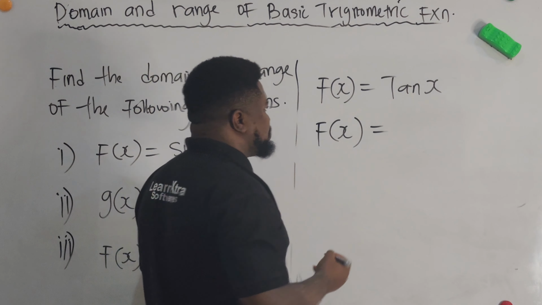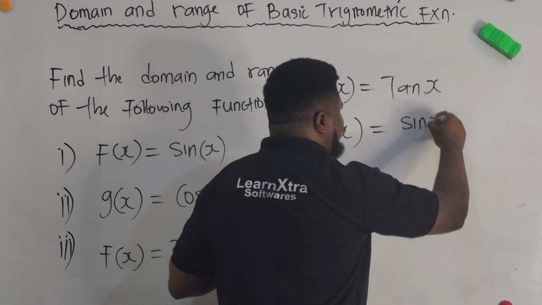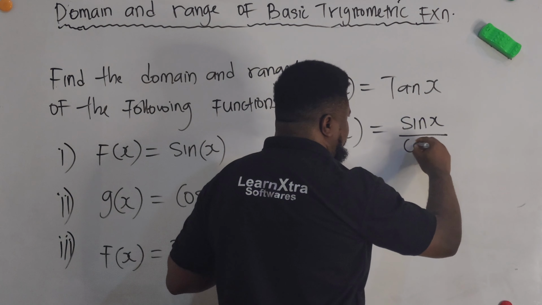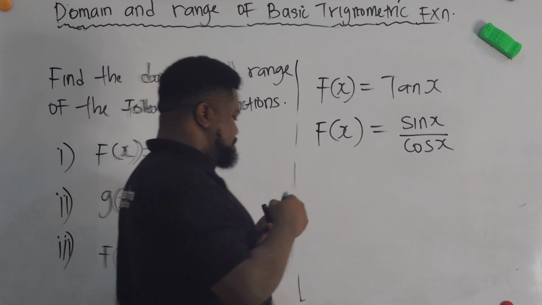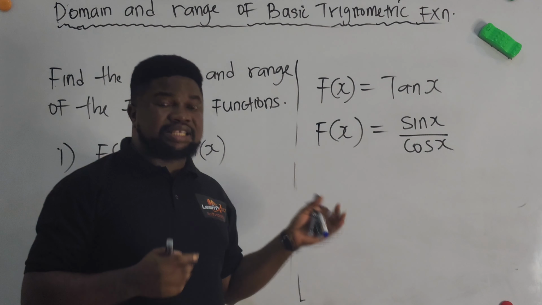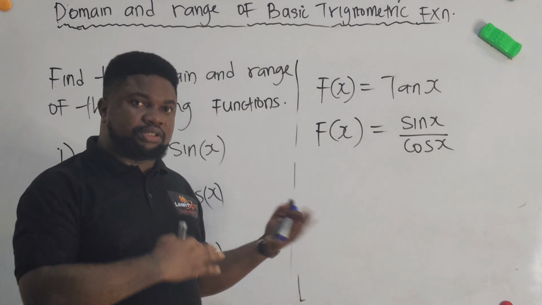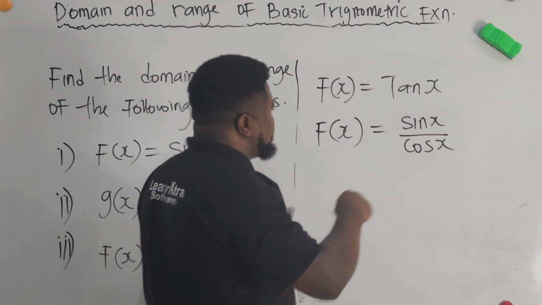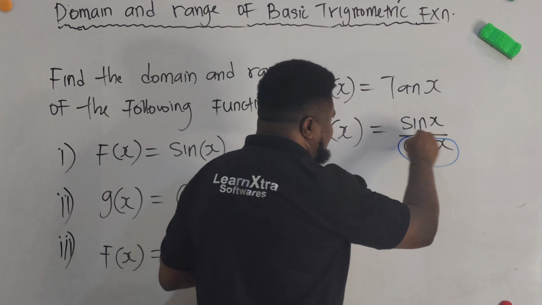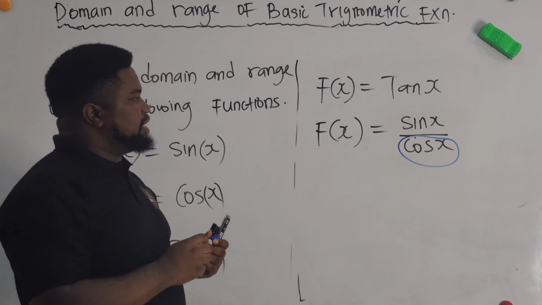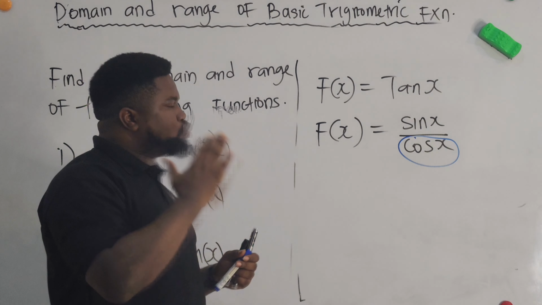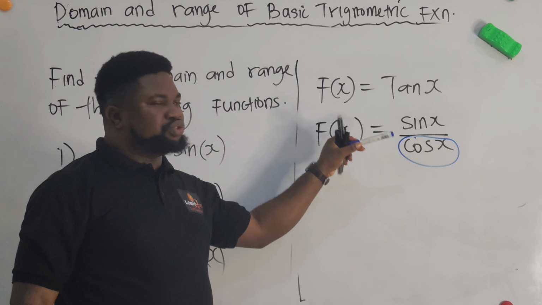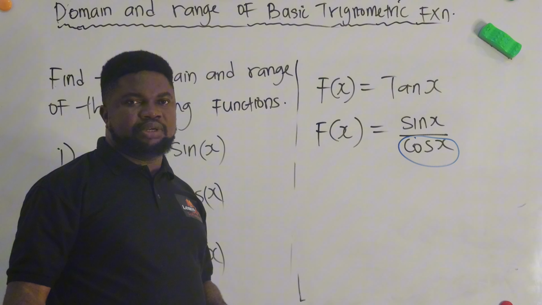So tan x is equal to sine x all over cos x. Meaning that the tan function is now a rational function, like a fraction, where we don't allow the denominator to be 0. In that case, we are not going to allow cos x to give us 0.